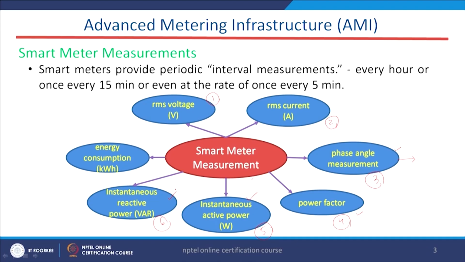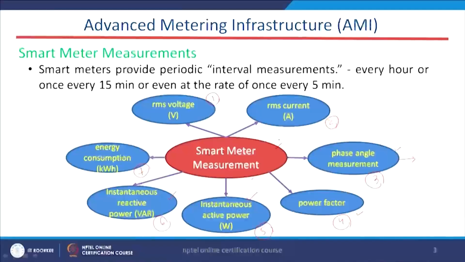And the last one is the energy consumption, which is very, very important for us, for the utility, and also for the consumers. How much energy is consumed by the customer, that is our target. That particular energy can also be measured using this smart meter.